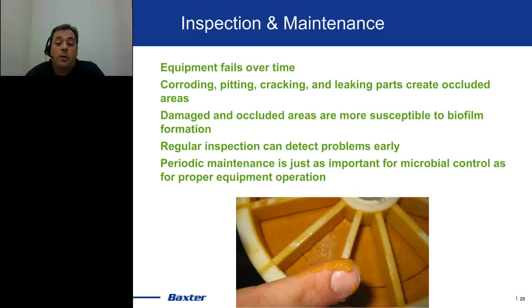There's the potential for corrosion, pitting, cracking, leaking, other things that can potentially create areas where biofilms or other microorganisms can set up and survive through not only during manufacturing, but during the treatment subsequent to manufacturing. So during inspection, making sure that those items are noted and addressed is important.